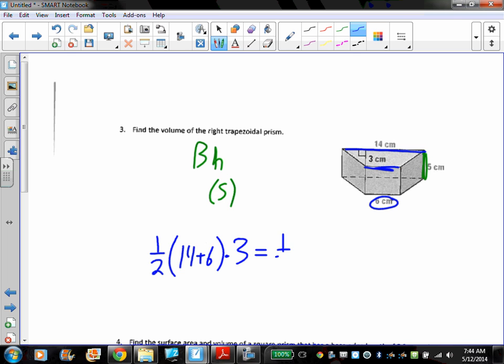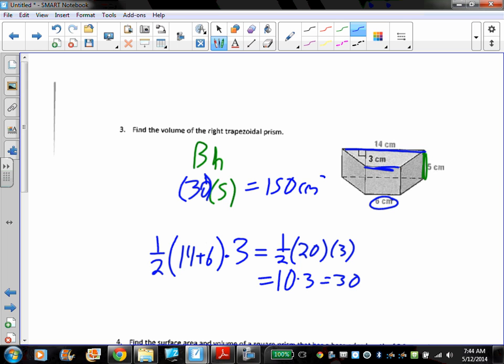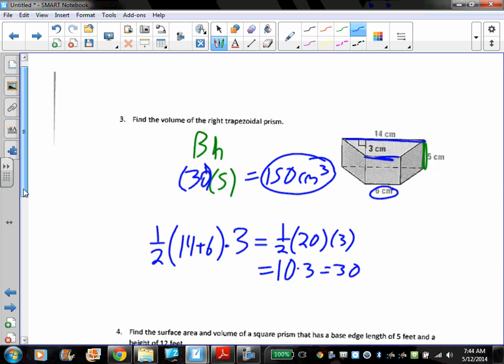That gives us 1/2 of 20 times 3, which is 10 times 3, which is 30. So the area of the trapezoid is 30 centimeters squared. So 30 times 5, which was our height, gives us 150 centimeters cubed this time because we're dealing with volume. And that would be the volume of that trapezoidal prism.